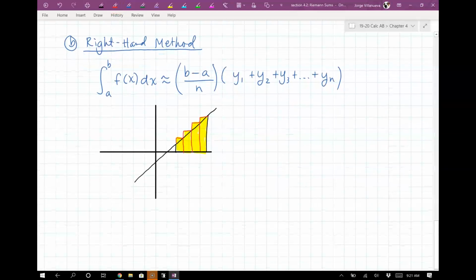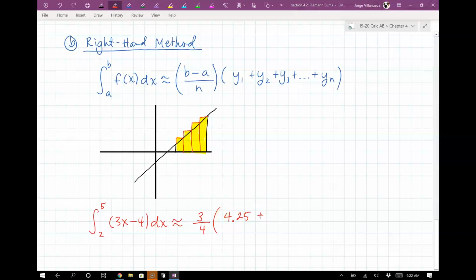So the integral from 2 to 5 of 3x minus 4 dx is approximately, remember these are approximations, b minus a over n. What was b minus a over n? 3 over 4. What's my y sub 1? That'd be 4.25, right?